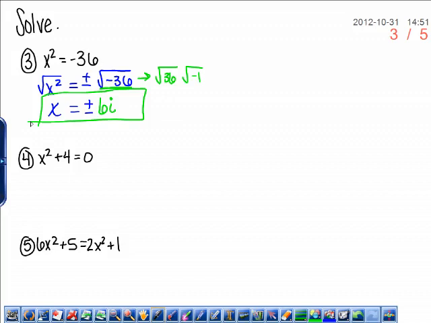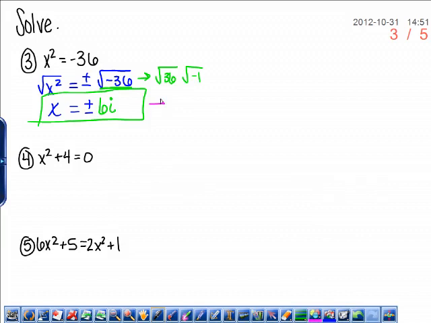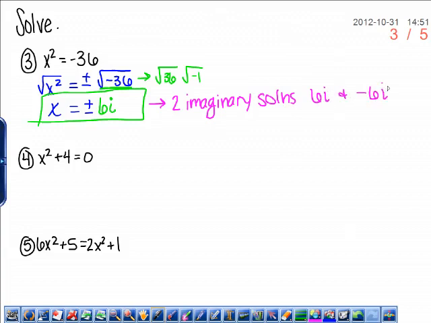Okay, so let's talk about this. This quadratic has two imaginary solutions. What are those two solutions? 6i and negative 6i. Those are those two imaginary solutions.